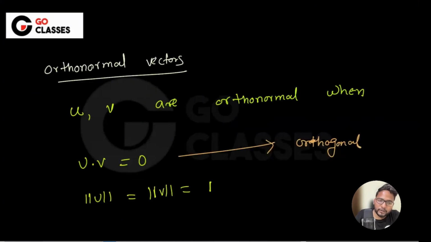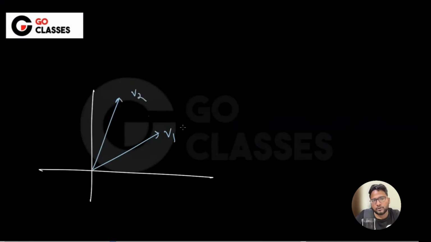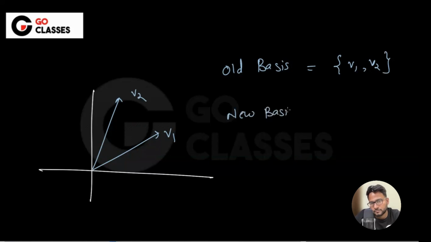So if this is v1 and this is v2, then the old basis is b1, b2, and the new basis is b1 and something. So one thing is clear: let me write u1 here, and u1 is just v1 to start with.